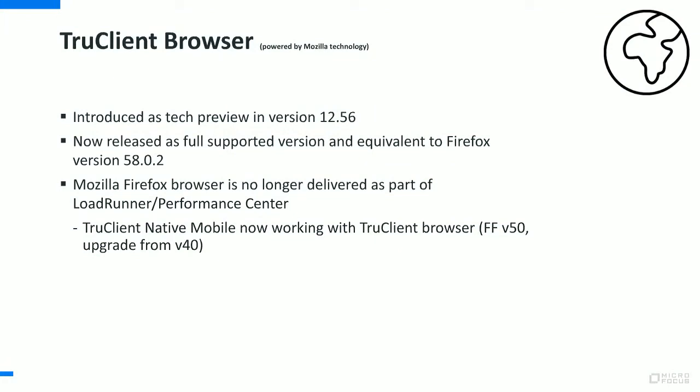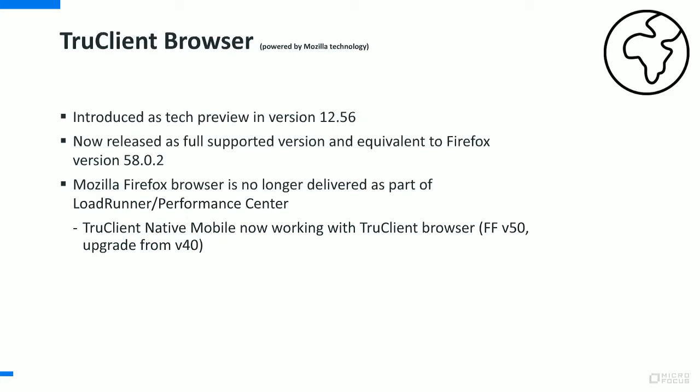So starting with TruClient, one of the biggest updates that we did was the introduction of TruClient browser. Many of you may or may not be familiar with this, but the TruClient browser was actually added in version 1256, both for LoadRunner and Performance Center, as a tech preview.